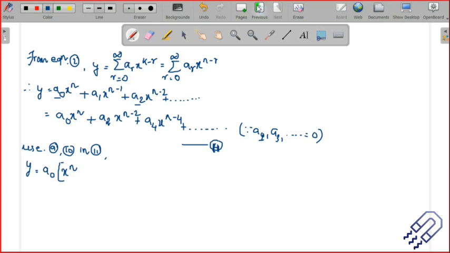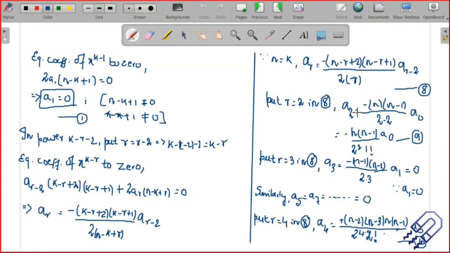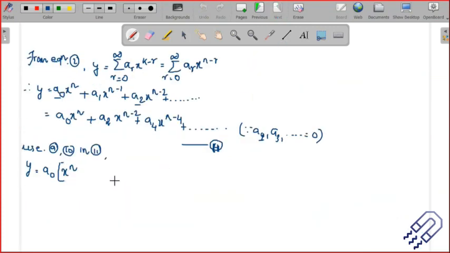a2 also we have found out in terms of a0, and if we check it, it's actually all minus. See, for a2 there is a minus, for a4 it's a plus, so it's going to be alternate plus and minus. This is our a2. This is also having a0, so we're going to just replace it and write down whatever is there other than a0 within the bracket. So there is a minus, so I'll put minus. This was written as n into n minus 1 divided by 2 square into 1 factorial, into x to the power n minus 2.